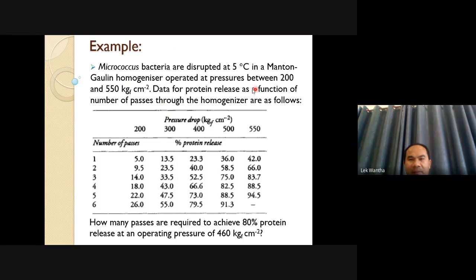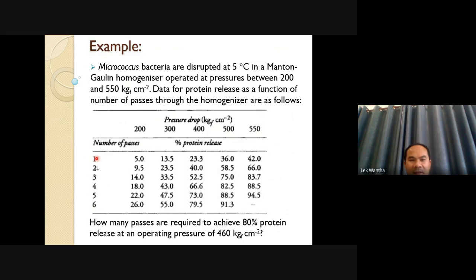The data for the protein release as a function of the number of passes through the homogenizer are as follows. We vary the pressure drop: 200, 300, 400, 500, and 550, and the number of passes 1 through 6.